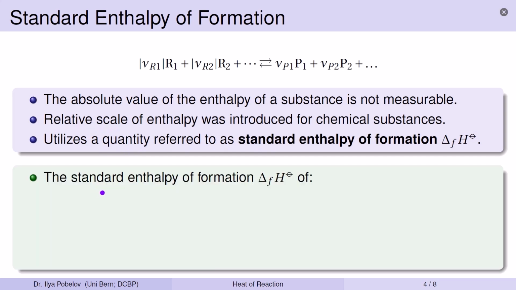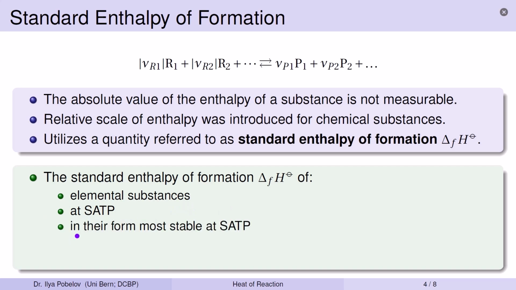By convention, the standard enthalpy of formation of elemental substances at the standard ambient temperature and pressure in the form that is the most stable at SATP and in their standard state is defined as 0.